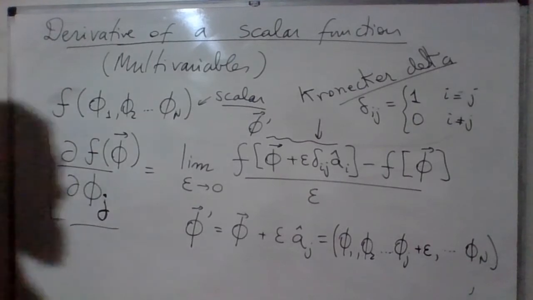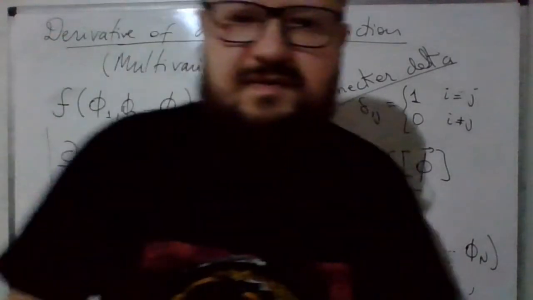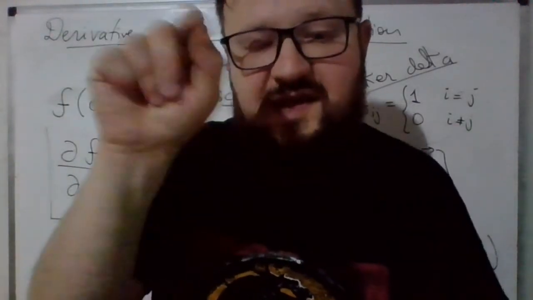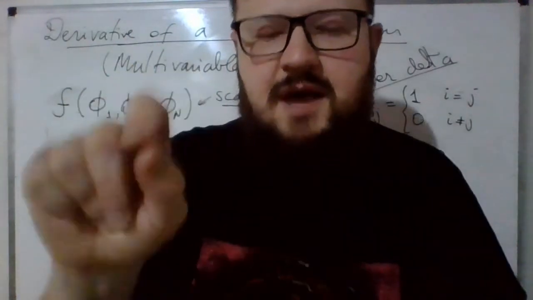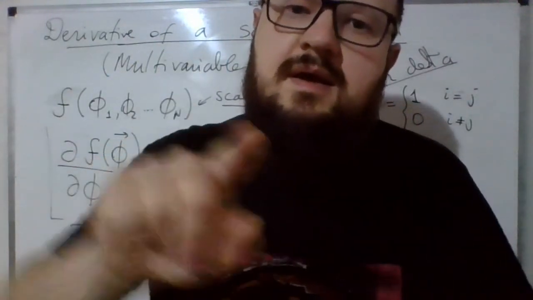But now, what happens if this j parameter becomes a continuous parameter?